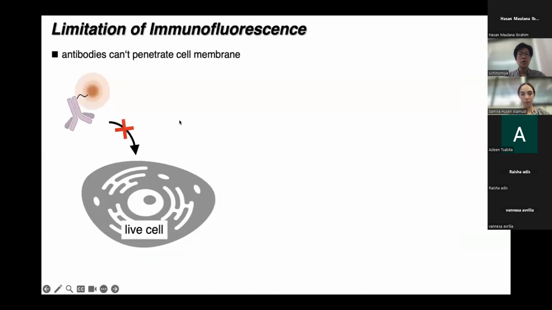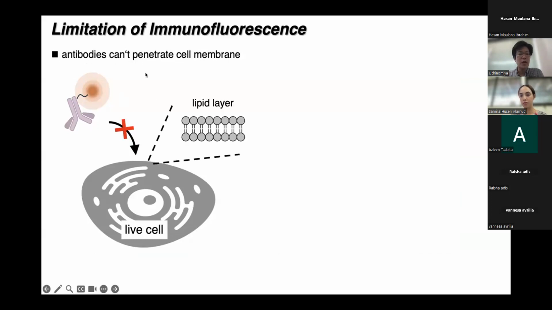Okay. However, there are crucial issues in this method. For example, antibody actually cannot penetrate the cell membrane. This is because the cell has a lipid layer on the cell surface, and antibody is relatively large and hydrophilic.